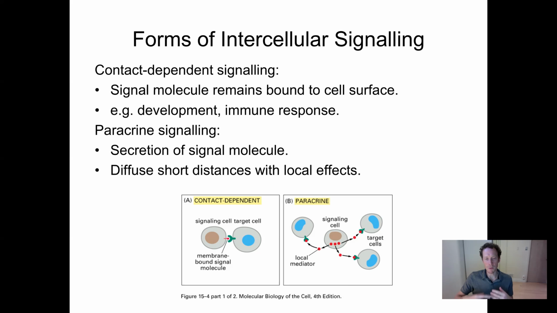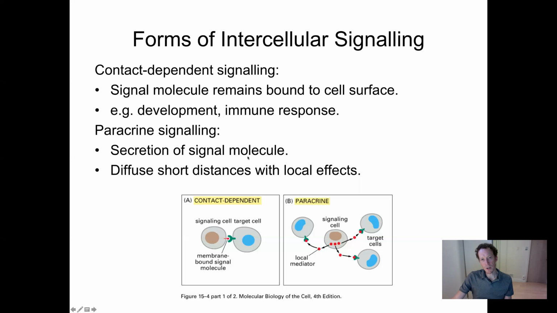So basically a cell is releasing some sort of chemical factor, and it's binding to receptors of other target cells, and therefore initiating some sort of cellular signaling mechanism. And so paracrine basically means within the vicinity of a cell.